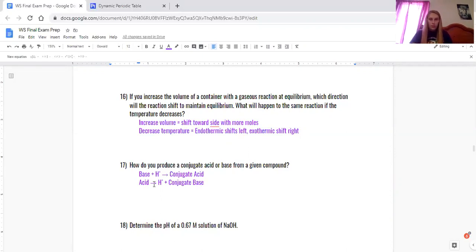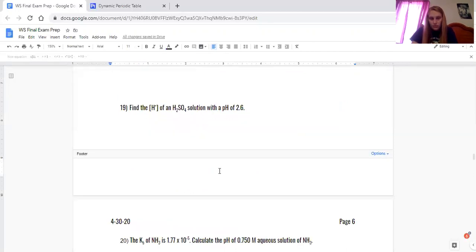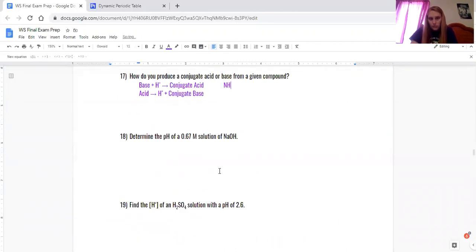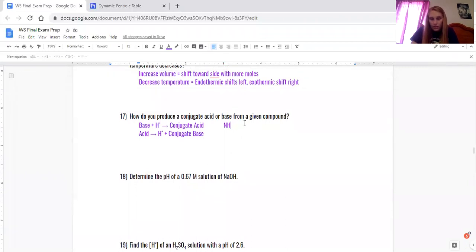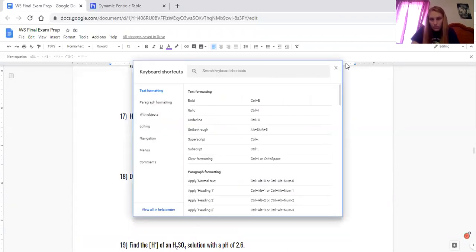If you would like an example of these, we can go ahead and put one in here. So if we have NH3, sorry about that, all the wrong buttons, I'm sorry.